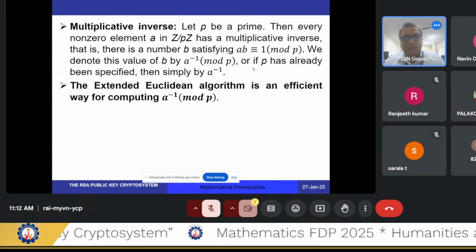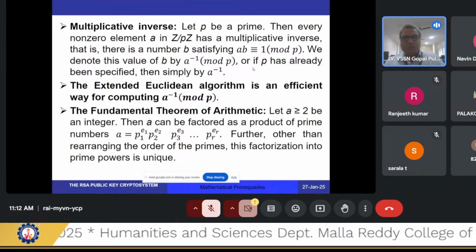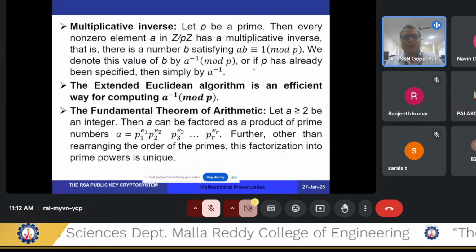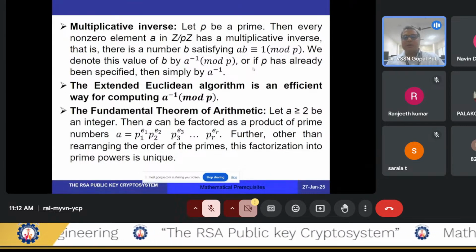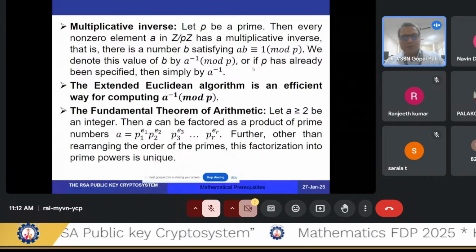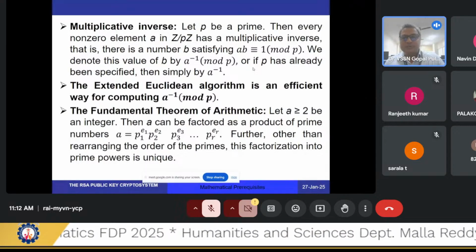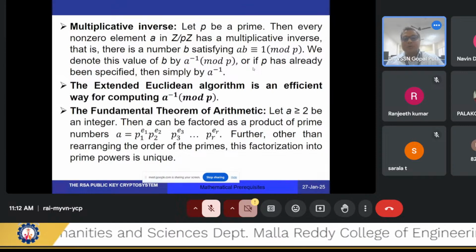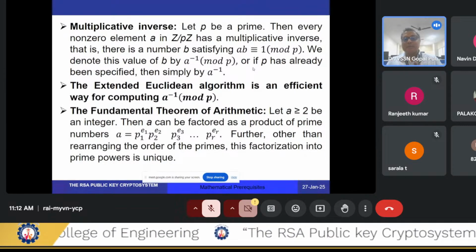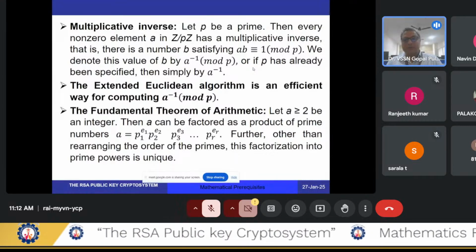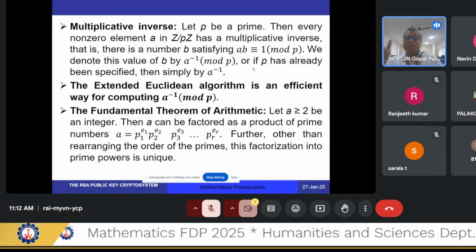Now coming to this basic definition, the so-called fundamental theorem of arithmetic. This is also new to many, isn't it? Suppose a is an integer greater than or equal to 2, which means a is a positive integer. We can factor a as a product of finite prime powers.